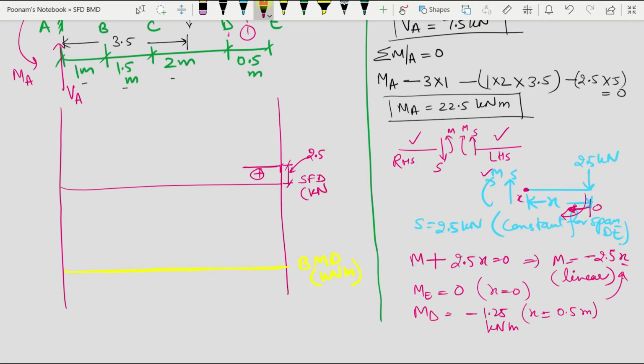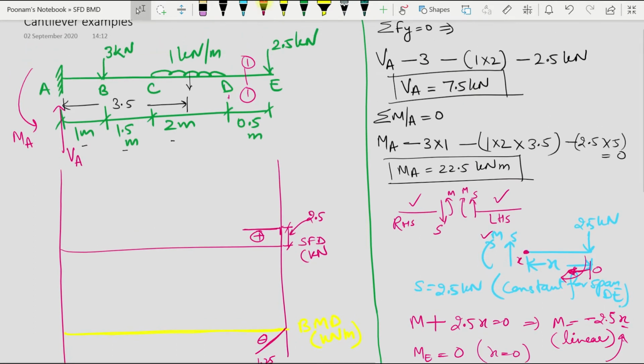I can plot the moment here, so it will be linear, so it can be plotted like this, negative 1.25. Now for the span CD, it is subjected to UDL over the entire span, so my shear force diagram will be linear under this and bending moment diagram will be parabolic.